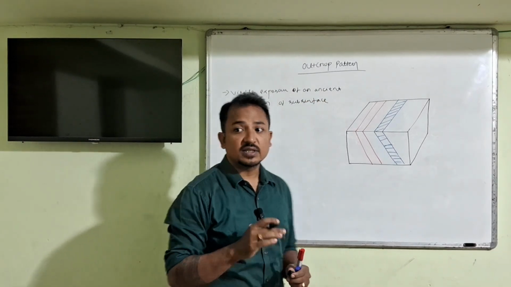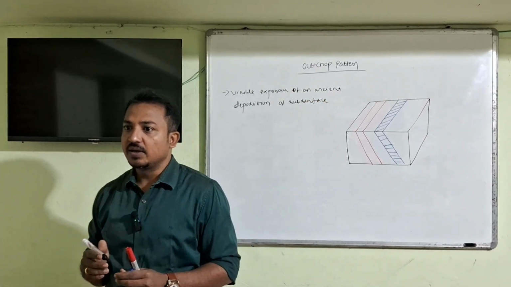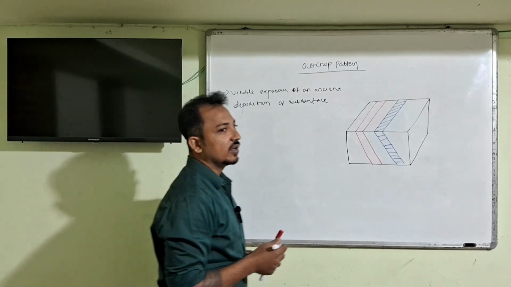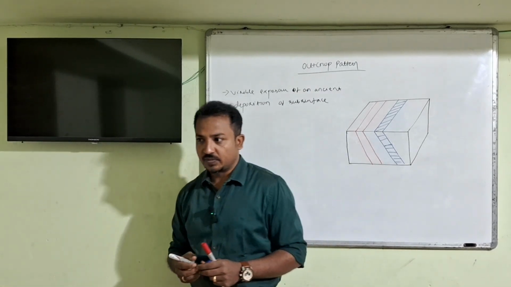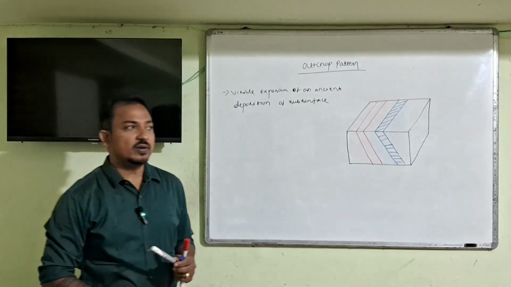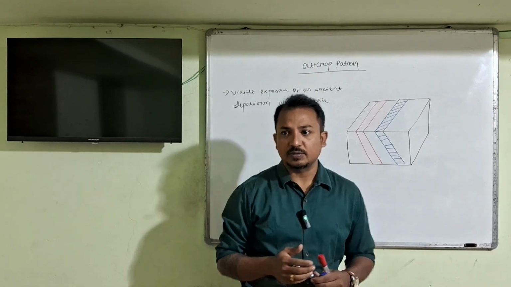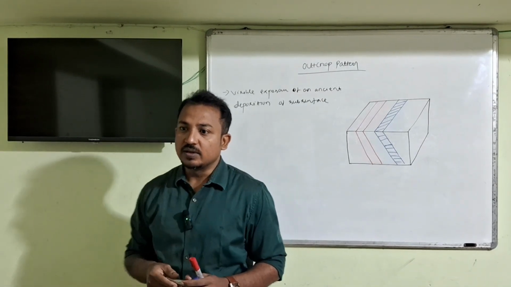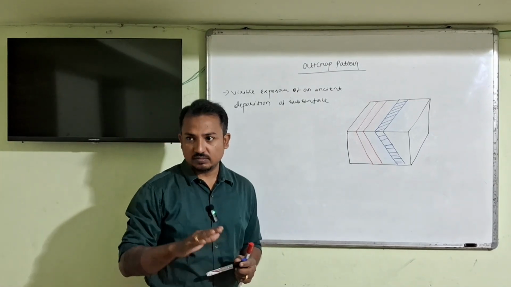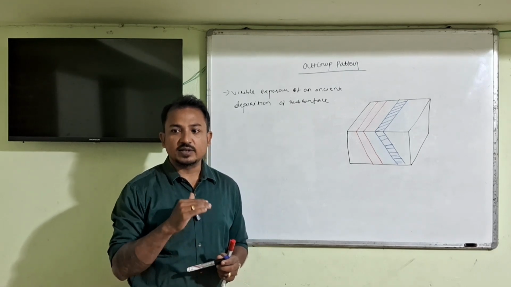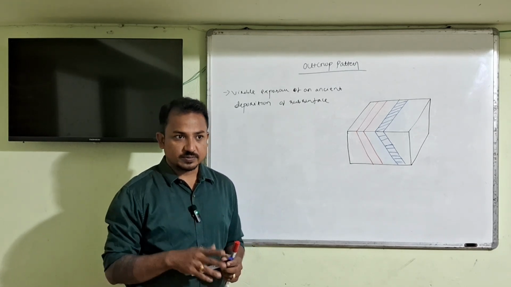Any deposition that is present below the surface, after erosion, will be exposed to the surface. That exposure is called your outcrop. Something, how it is cropping out to the surface.